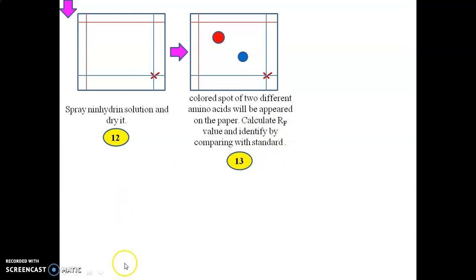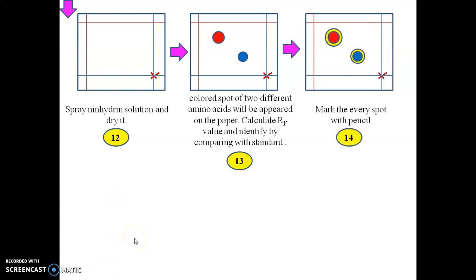Now we are also going to see the quantitative determination or evaluation of the chromatogram. For that, the simplest procedure is to cut out the appropriate part of the filter paper having the spot, but before that mark every spot with a pencil and then cut it out and soak it in a minimum quantity of solvent.